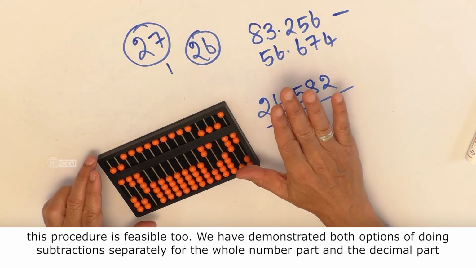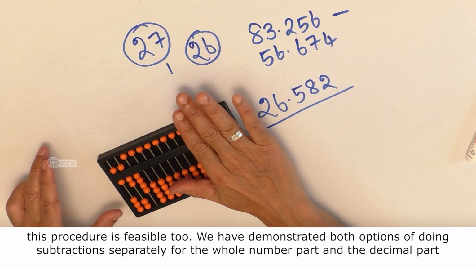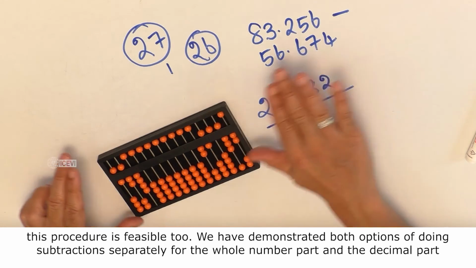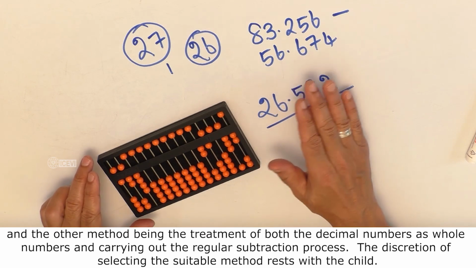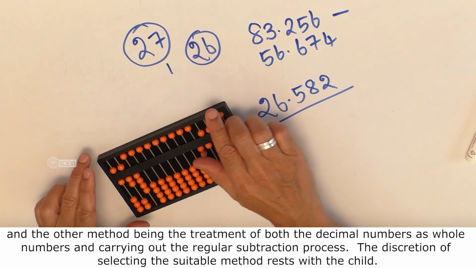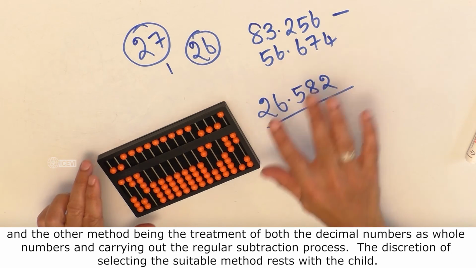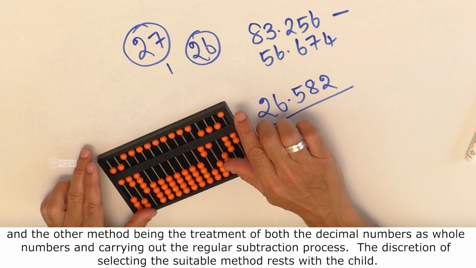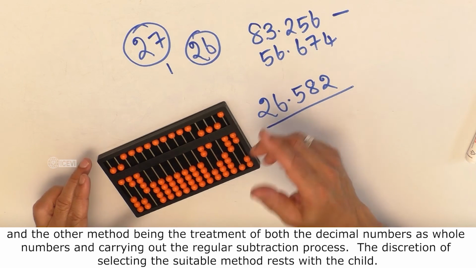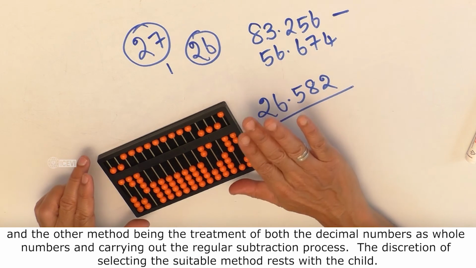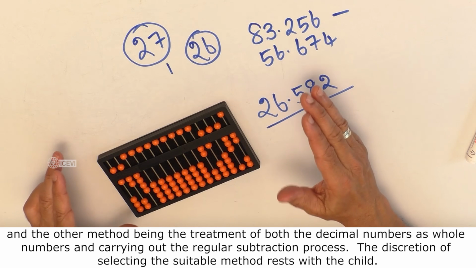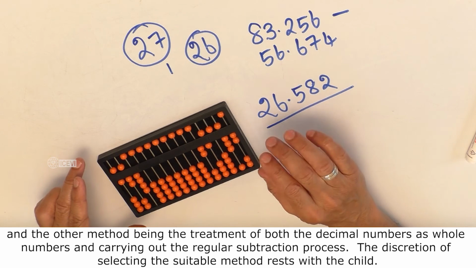We have demonstrated both the options of doing subtraction separately for the whole number part and the decimal part, and the other method being the treatment of both the decimal numbers as whole numbers and carrying out the regular subtraction process. The discretion of selecting the suitable method rests with the child.